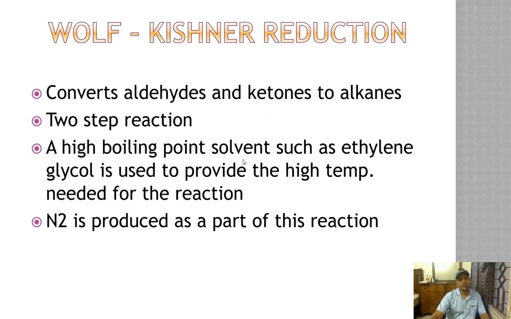This reaction needs high temperature, so that's why they are using ethylene glycol as a solvent. And in this, nitrogen is produced as part of the reaction. Nitrogen gas is going to be released in this reaction.